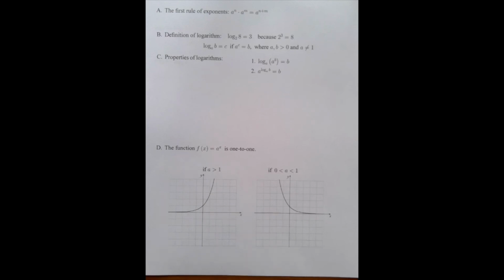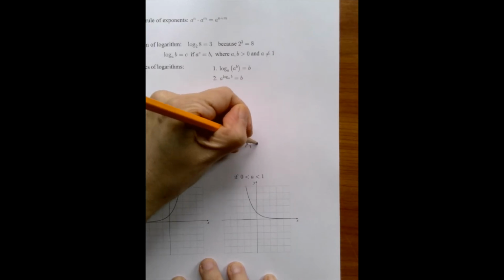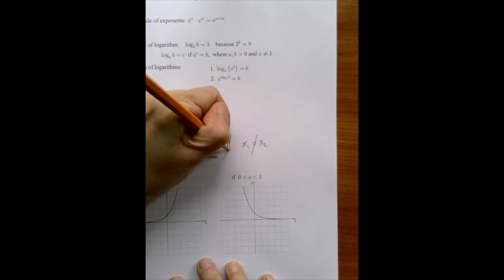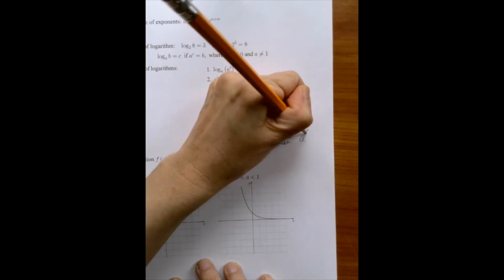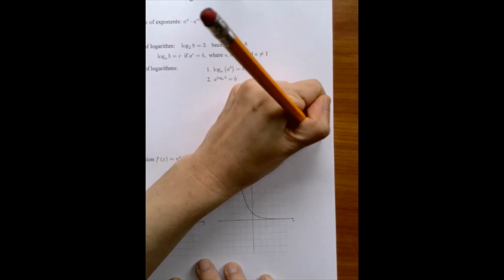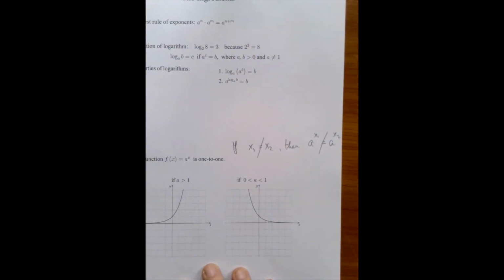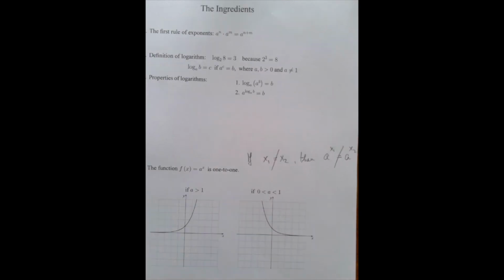That means that if x1 and x2 are different, then a to the x1 and a to the x2 must also be different. So that means that every x sort of has their own y. No y value is taken twice. For a function to be one-to-one is a very useful property.